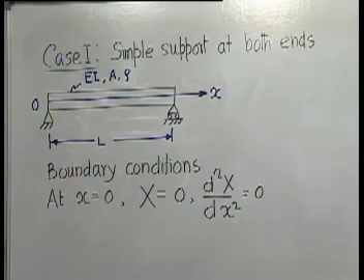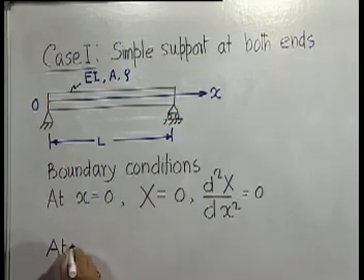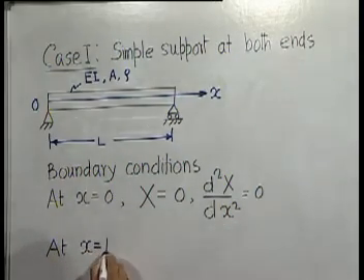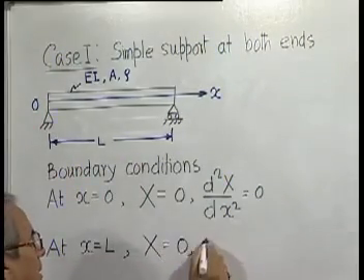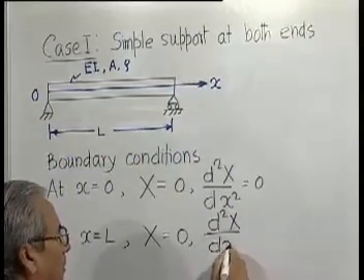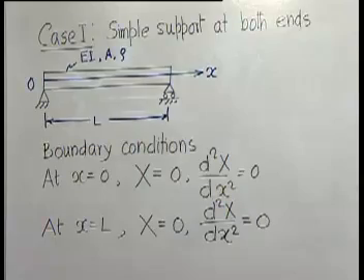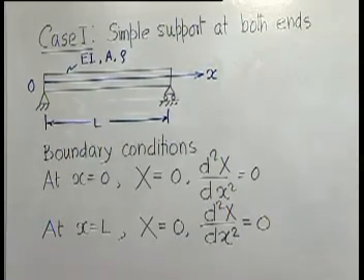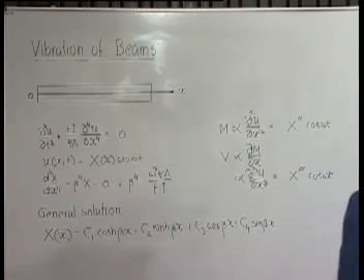This is the double derivative of X with respect to x, and similarly at x is equal to L, the same two conditions must be valid. So these are the four conditions which the expression has to satisfy.